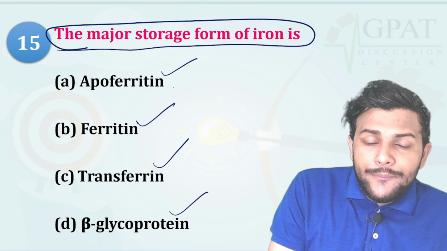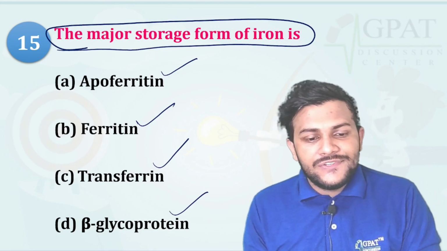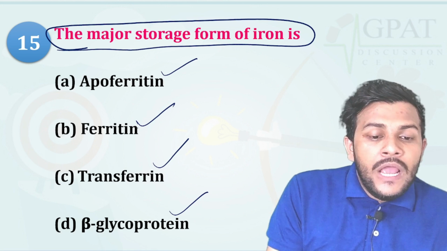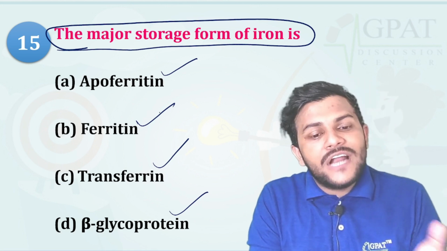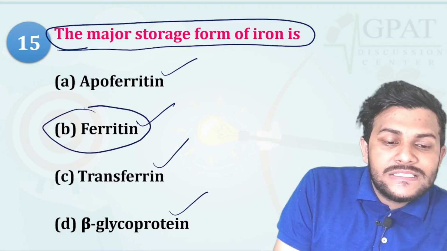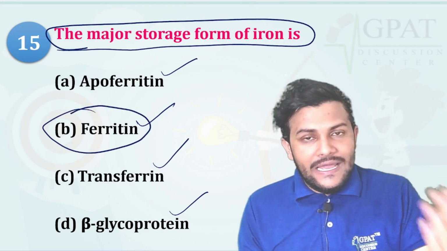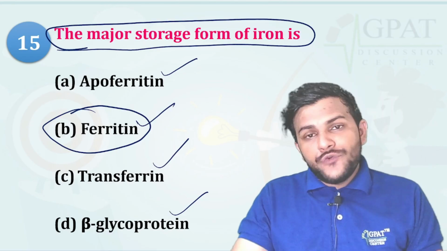Apoprotein is the immature protein, immature albumin. Alpha glycoprotein is the amino acid, protein, and apoferritin. Transferrin is the transporter protein. So basically iron acts as a transporter carrier. Ferritin is the storage form of the iron.